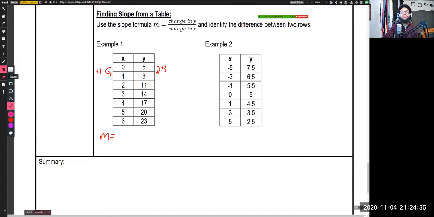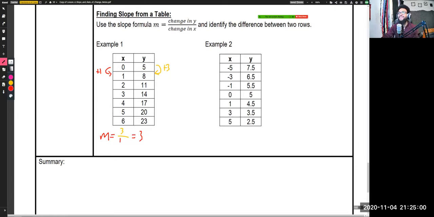Let me go put this in the right color. This is supposed to be in that mustardy yellow color. From 5 to 8, it's going to be +3. And so our m is going to be equal to 3 over 1. And then that's going to be equal to 3. So our slope for this one is going to be 3.